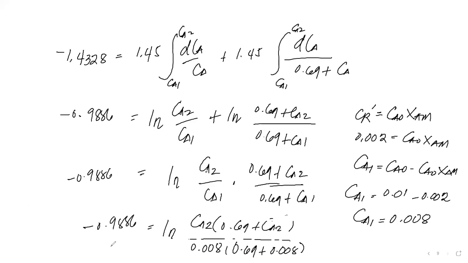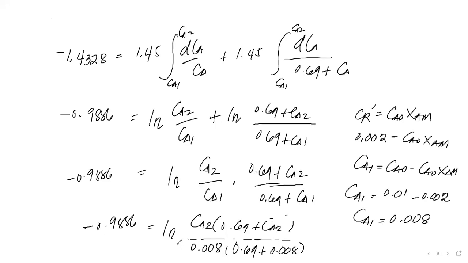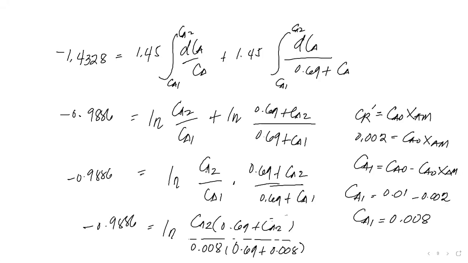Okay, if this is raised or make the exponent of the e, we will have it equal to 0.3721. And our expression here, we will copy without the ln. So we have Ca2 times 0.69 plus Ca2. We divide by 0.008.